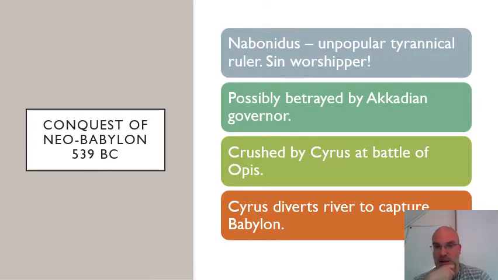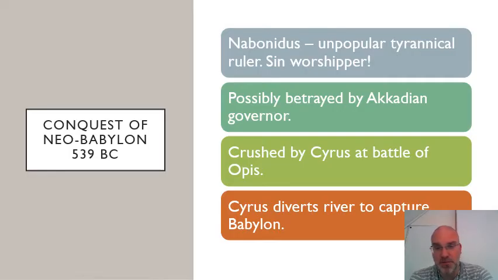It's all a little bit murky and unclear. But anyway, possibly in support of this rebellion, Cyrus invades Babylon, and he crushes Nabonidus at the Battle of Opis, and then marches towards the city of Babylon itself.